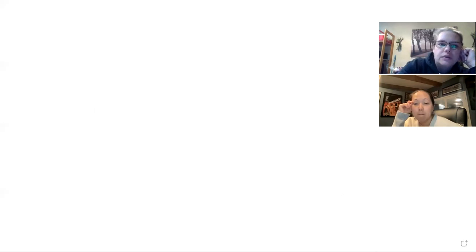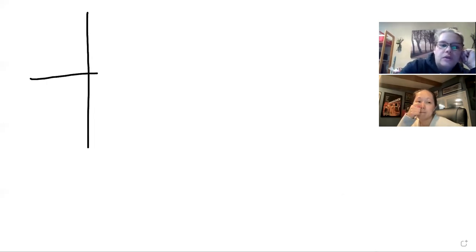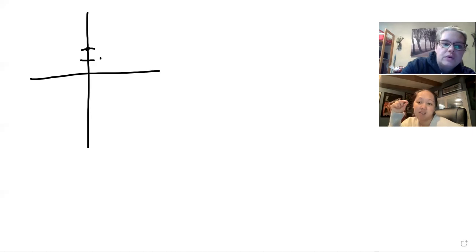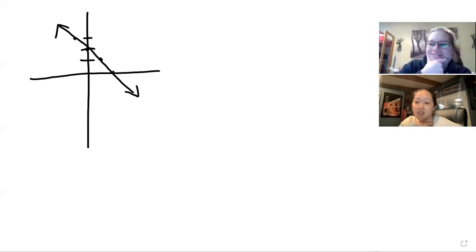So let's do negative x plus 2. Yeah, because that's a smaller slice versus minus 2. My students are always more comfortable adding with integers than subtracting integers, and I feel like that's true across the board.